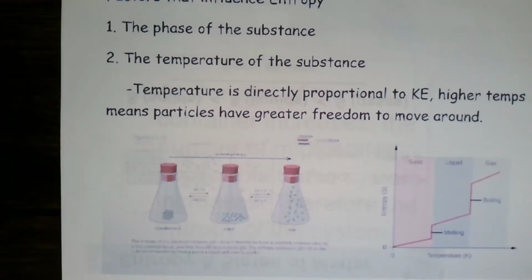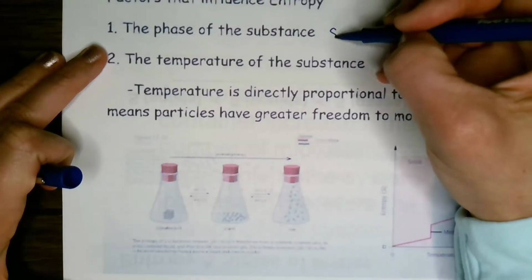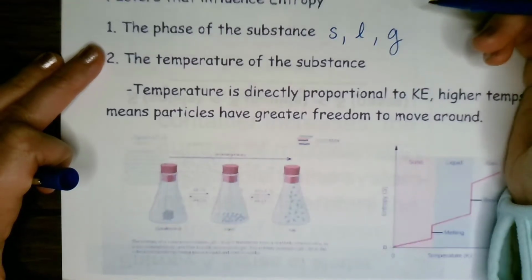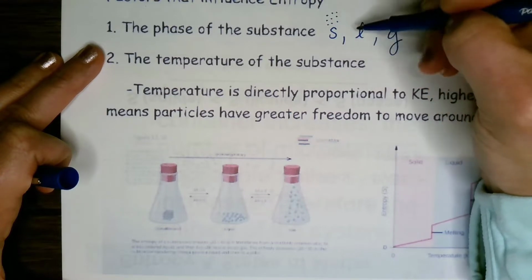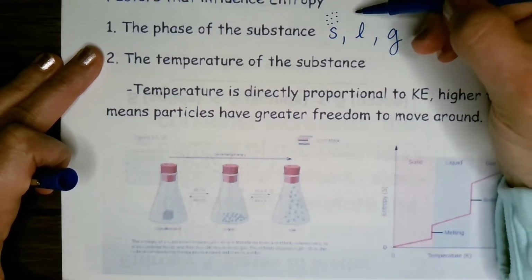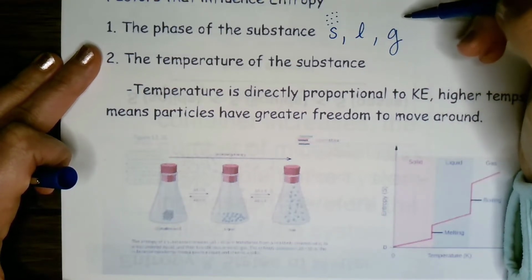So a couple of factors that influence entropy is the phase of the substance. If we think about solids, liquids, and gases, we have very organized particles in a nice, even, neat arrangement for solids. They become less organized as a liquid and even really, really unorganized as a gas.